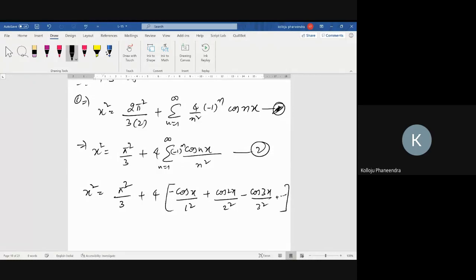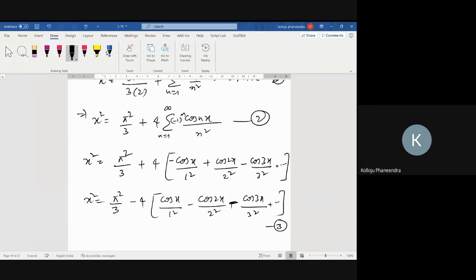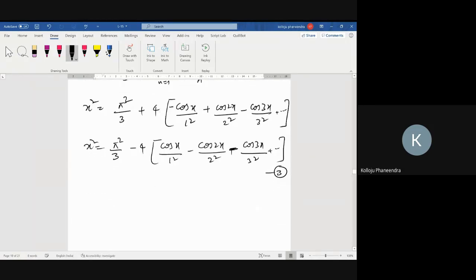So x square equals pi square by 3, take minus common: cos x by 1 square minus cos 2x by 2 square, plus cos 3x by 3 square, and so on. Take this as 3.